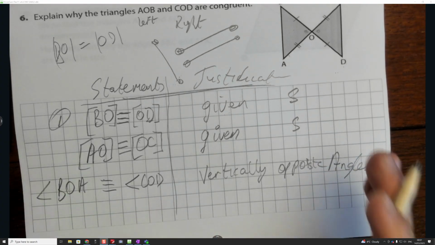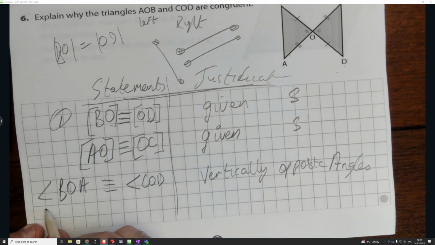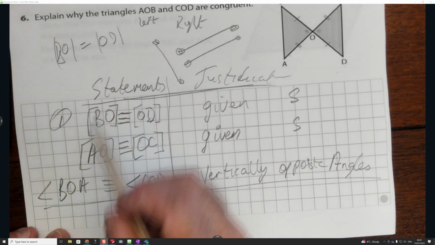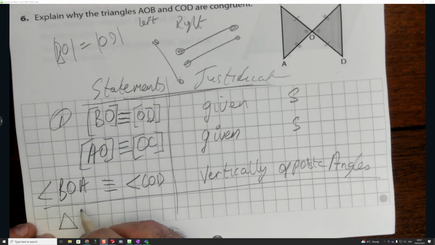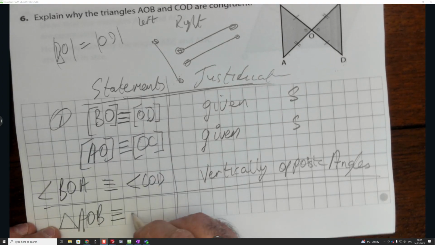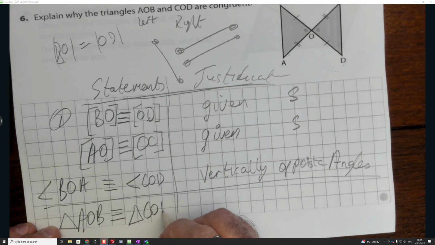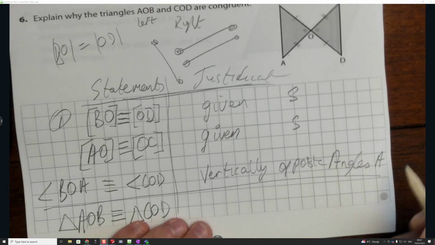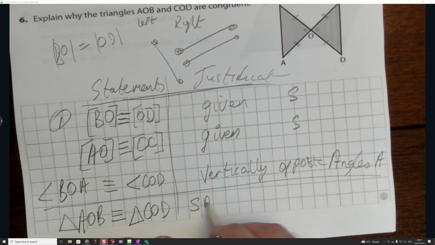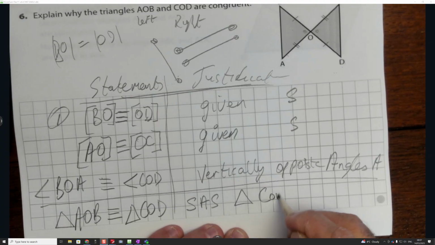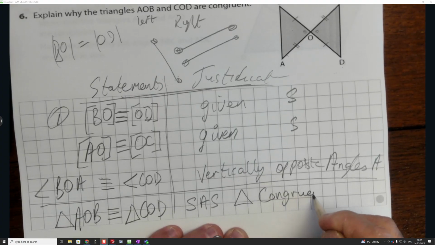Okay, now we have to patch it all together. You always have to finish with the statement you were trying to prove. So we were trying to prove that the triangle AOB is congruent to the triangle COD, and we've proven it based on side angle side triangular congruency.